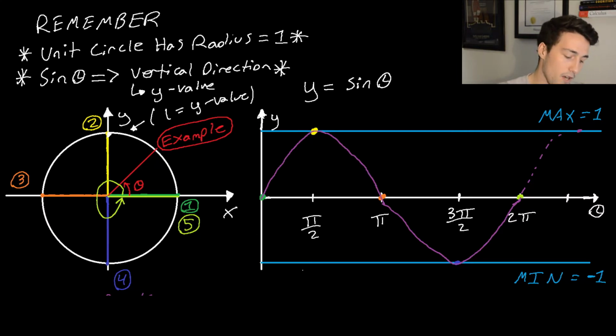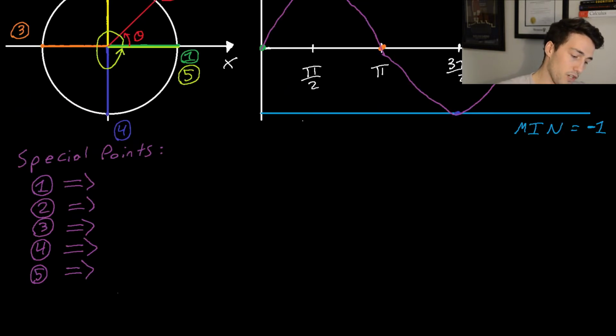What we need to know are the special points we found. At point number 1, the green point, it's 0 degrees, or 0 radians, because it hadn't rotated through an angle yet. It's also 0, 0 because there's no vertical direction on that horizontal line. For point number 2, it rotated pi over 2, 90 degrees counterclockwise, and we got a y value of 1.